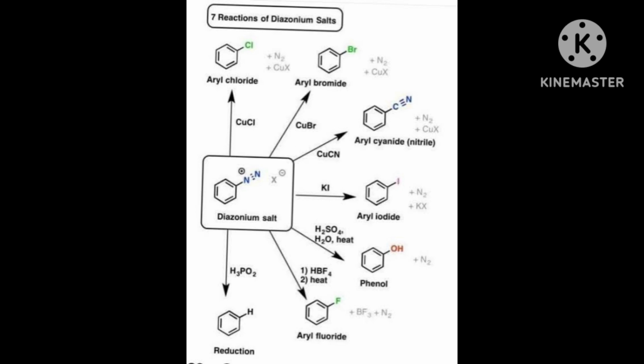Then this Na plus will go to the BF4 minus and form NaBF4. And N2 will go as nitrogen gas. Correct? Then here NO2 is negative, and N2 has taken the electrons, so carbon will become positive.